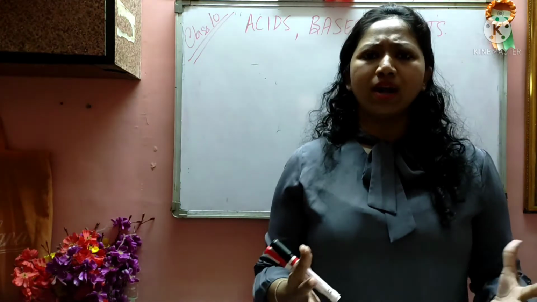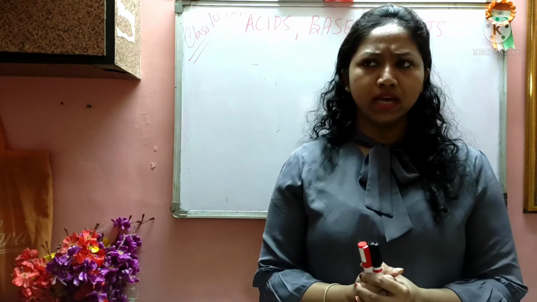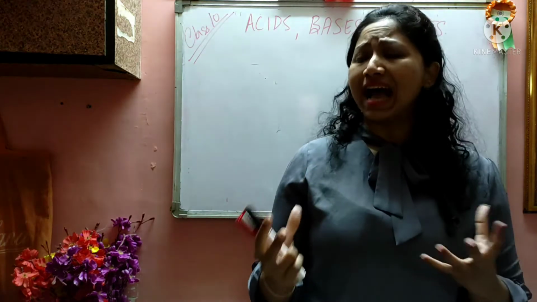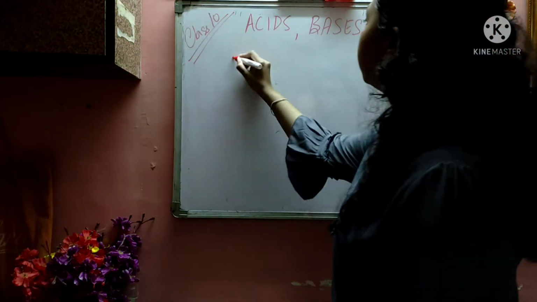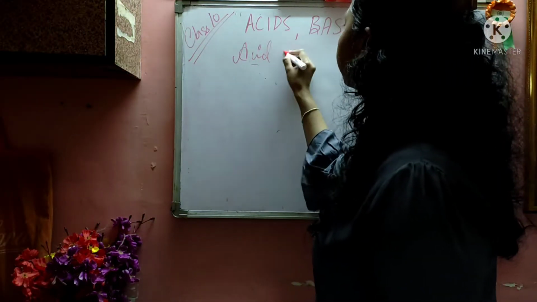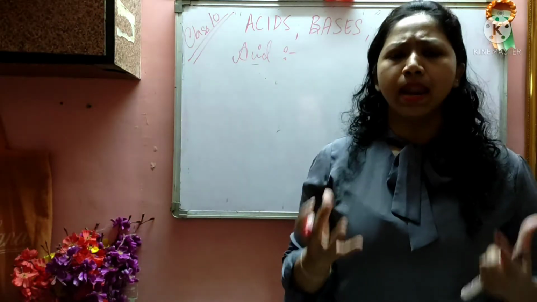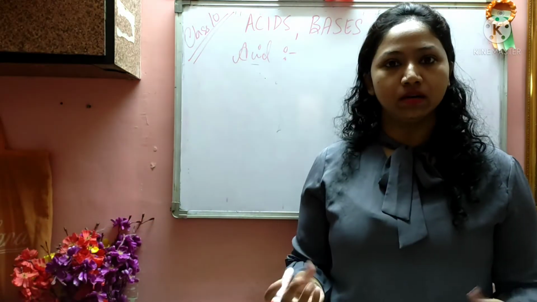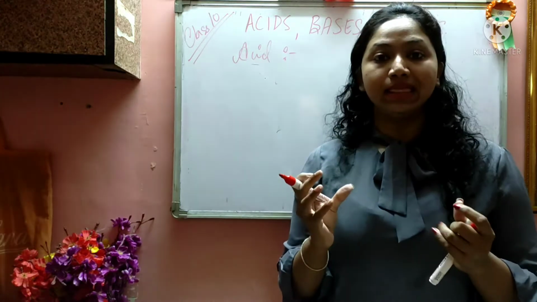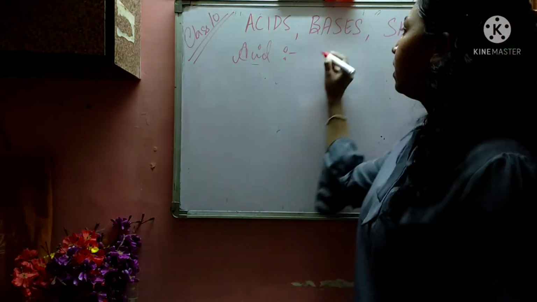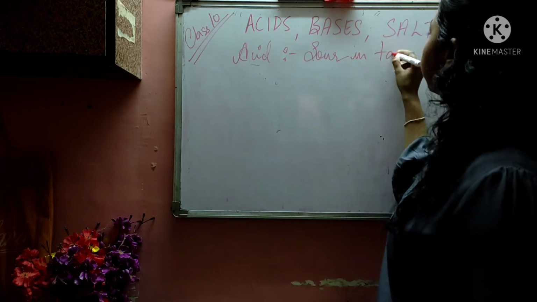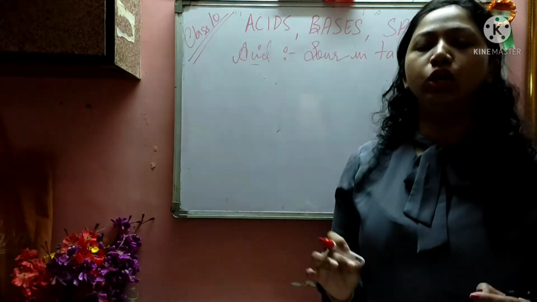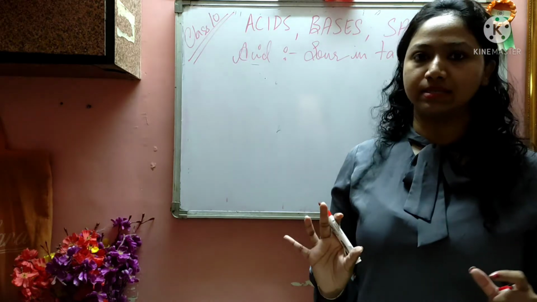Now what are acids basically? What makes a substance acid? So let's talk about it. What are the properties of acid? When a substance is sour in taste, then that particular substance is said to be acid.